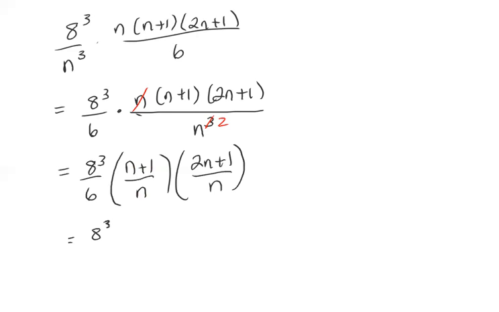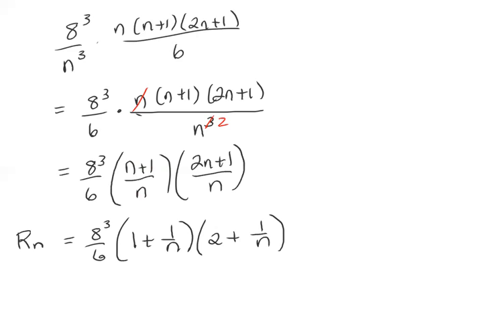So this is 8 cubed over 6 times 1 plus 1 over n times 2n over n is 2 plus 1 over n. Okay. So this is Rn. I've written it in a simpler manner. That is the sum of n rectangles on the interval 0 to 8 given the function x squared.